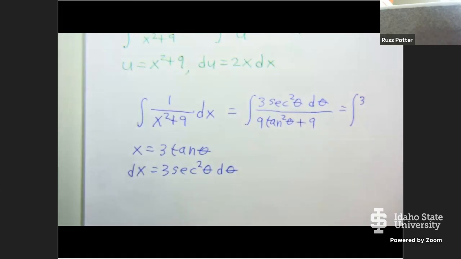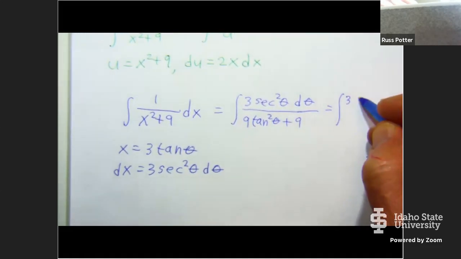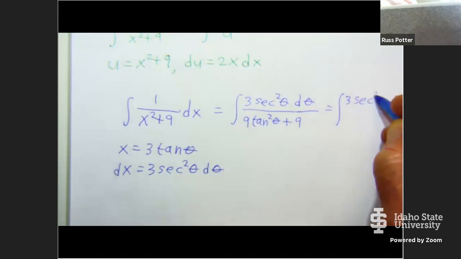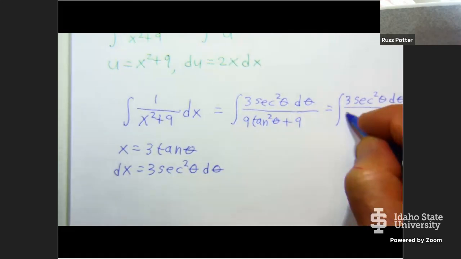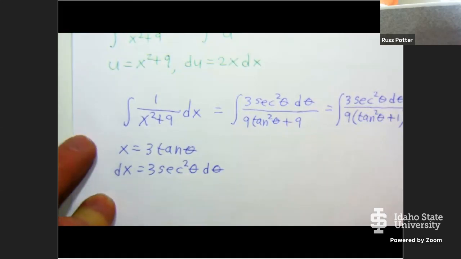Okay, I'll write a little more detail than is absolutely necessary, but we get 3 times secant of theta squared d theta in the numerator. Factor 9 out of both terms in the denominator, so 9 times the quantity tangent of theta squared plus 1. And then tangent of theta squared plus 1 is secant of theta squared.